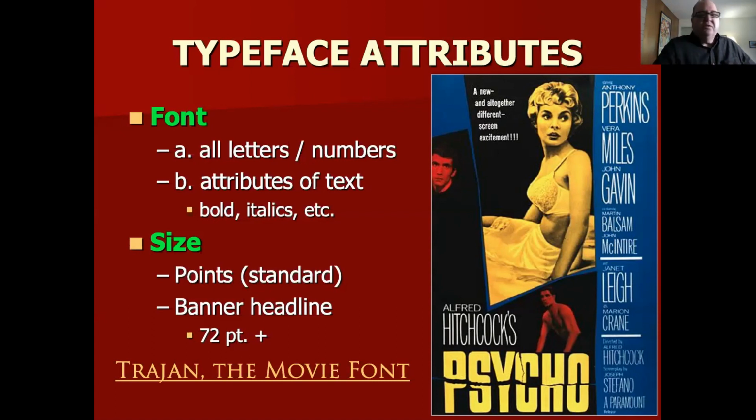What it really refers to is the height of the ascending parts and the parts going below, and so it's calculated in a way that I'm not going to go into, but you can basically say 72 points is 1-inch type.